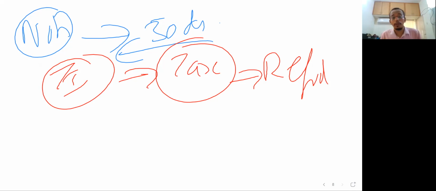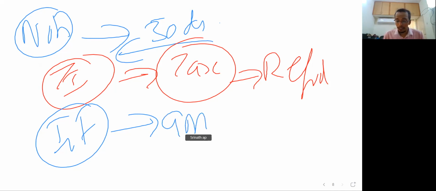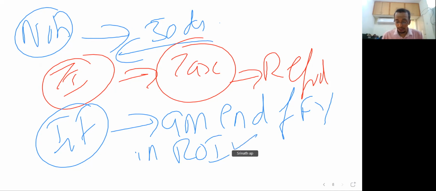After all these things are processed, the intimation has to be sent to the assessee within 9 months from the end of the financial year in which the return of income is filed.